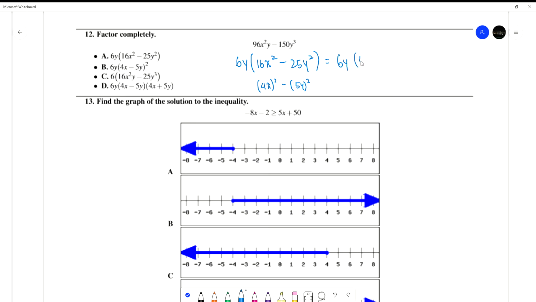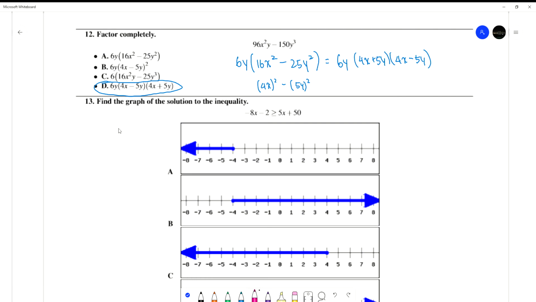So you should know this is 4x plus 5y times 4x minus 5y. And that's the completely factored form. So I can see that it is answer choice D. Right? You see the order of the factors listed? The order doesn't matter, okay? You can write the 6y last if you want, although it's not conventional to do that.